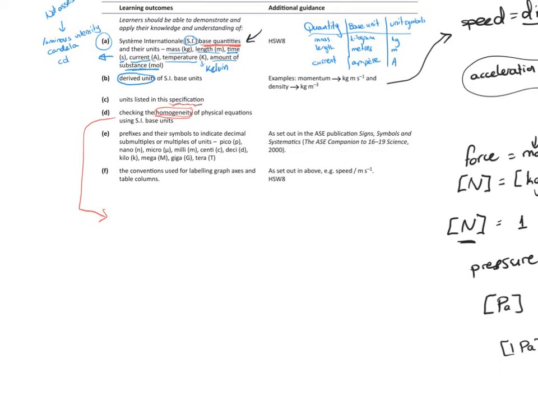I will give you an example to show this, and you should be able to do it as well for exam questions. This actually carries a lot of marks in exam questions. So just to quickly re-summarize, an equation will be homogeneous only if the base units of all the quantities are the same on both sides of the equation. I'll give 2 examples.